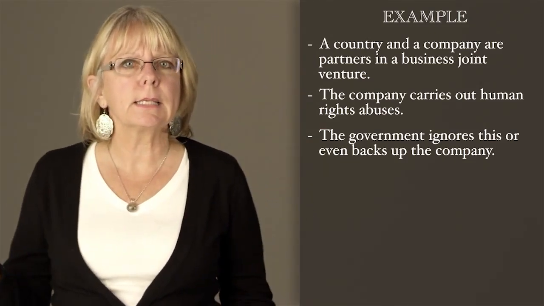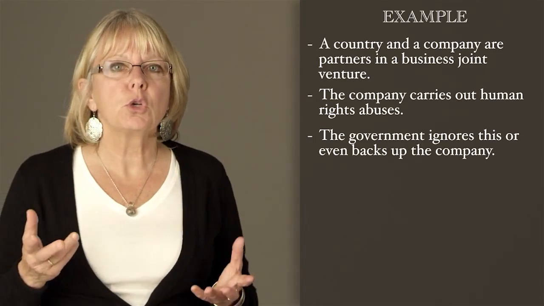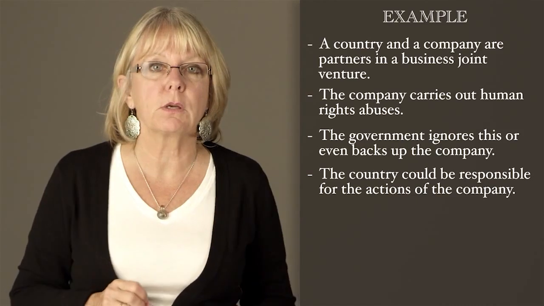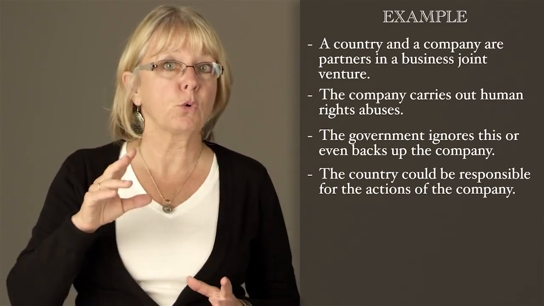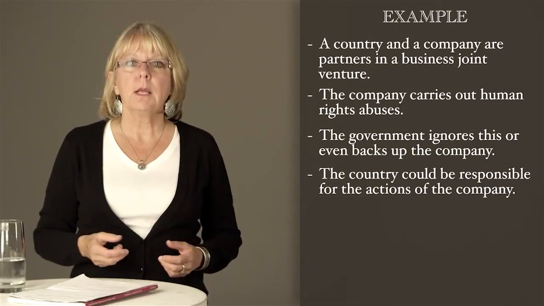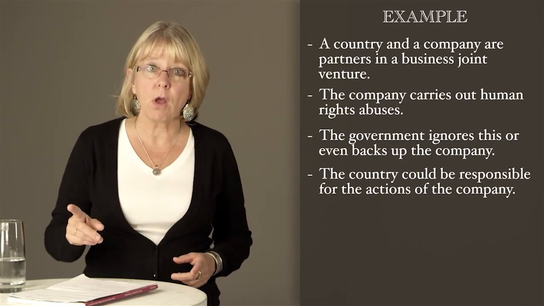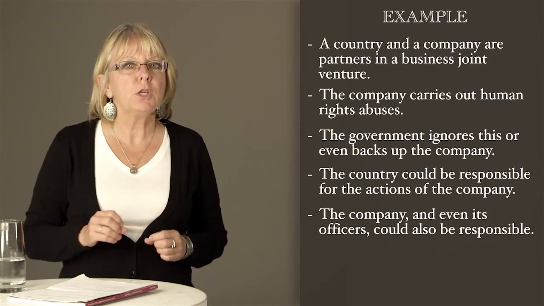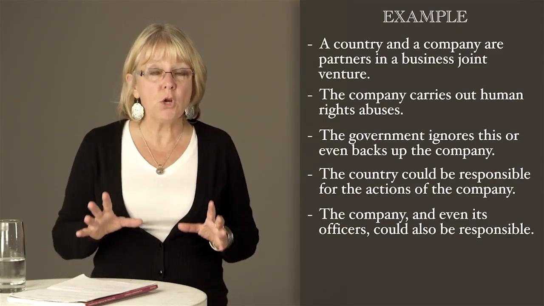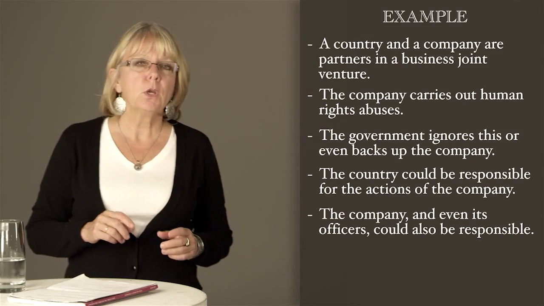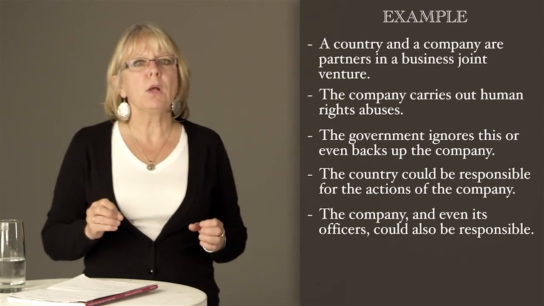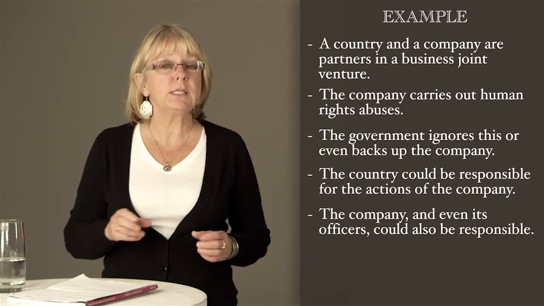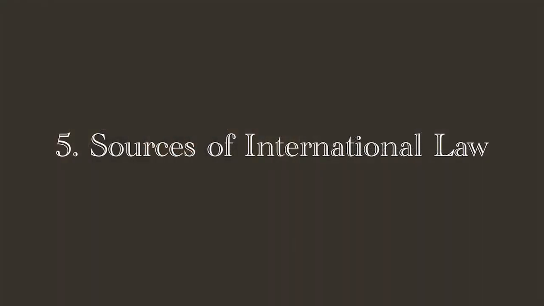In a case like this, the country could be held to be responsible for the actions of the company if it approved or allowed the actions. And the company and even its officers could also be held responsible. The approval of the government may not be a defense. So state responsibility means that countries have certain duties in international law.